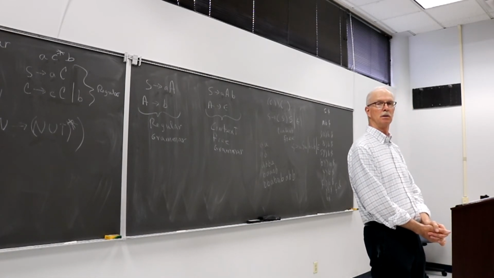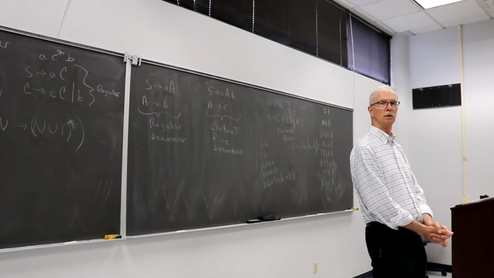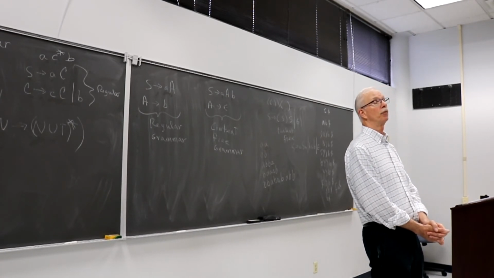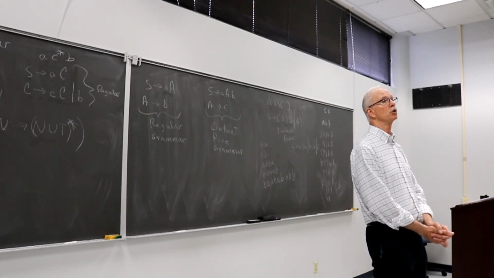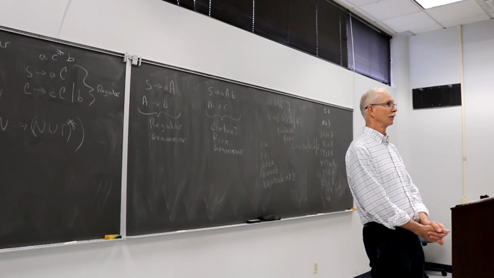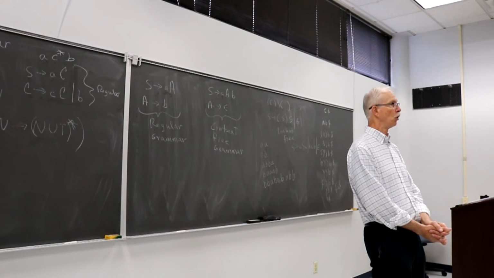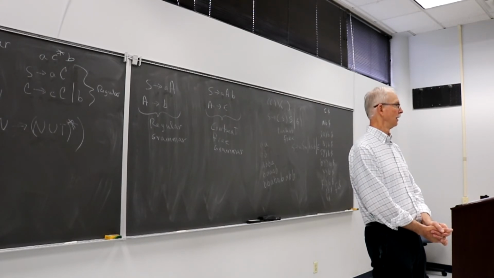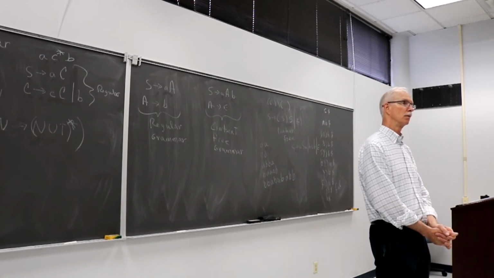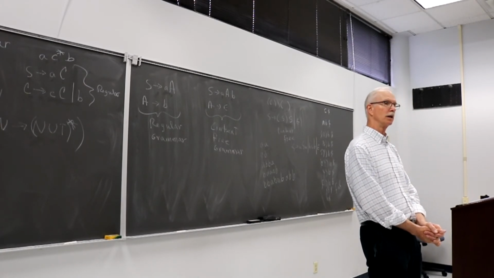You're talking about question 7 as a regular expression, and you make a context-free grammar out of that? No. I mean, you could. If I give you a regular expression, you can build a context-free grammar, because a context-free grammar is more powerful than a regular grammar. So any regular expression can create a context-free grammar.